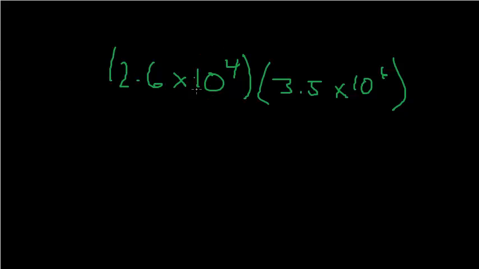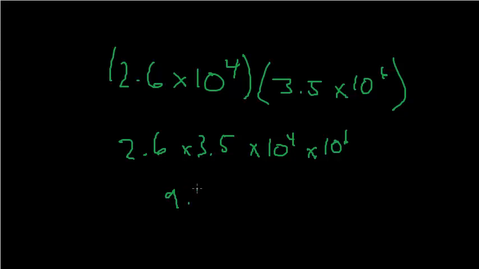I can reorder this into its parts using that commutative property: 2.6 times 3.5 times 10 to the 4th times 10 to the 6th. 2.6 times 3.5 is 9.1, and we're multiplying that by now 10 to the 10th power, because when we're multiplying things with the same base, we can add their powers.